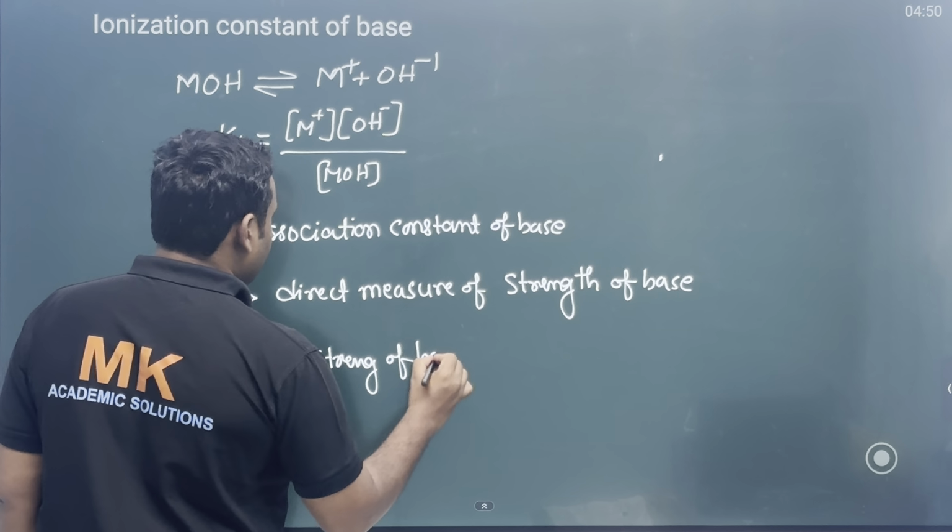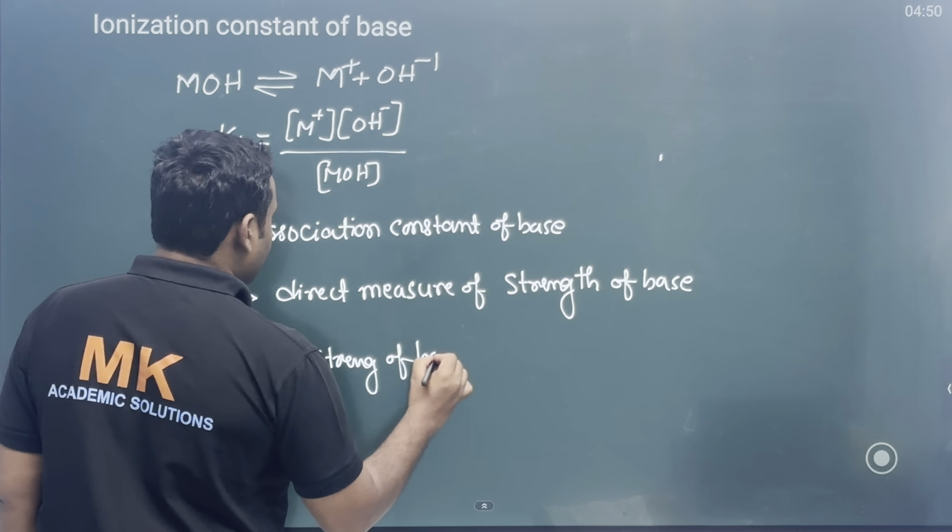If the electrolyte is a strong electrolyte, alpha is more, meaning more degree of dissociation. Weak electrolytes have less alpha, less degree of dissociation.